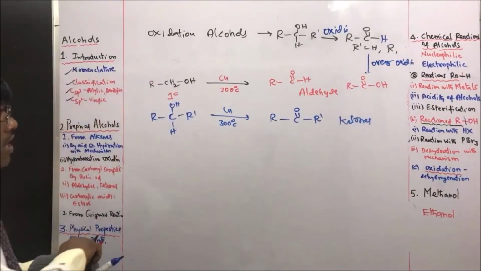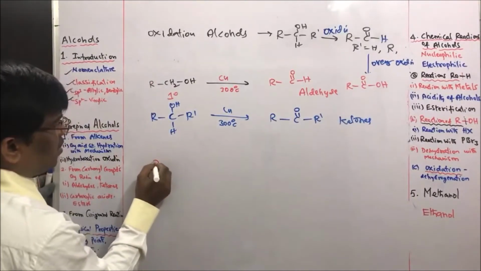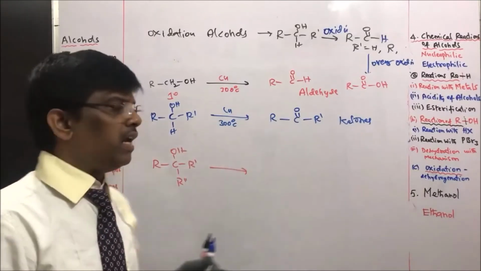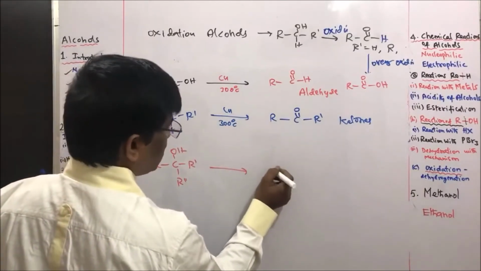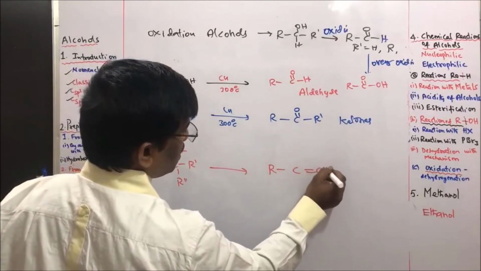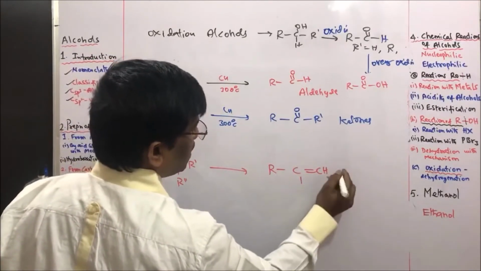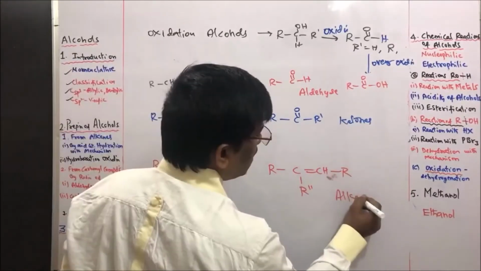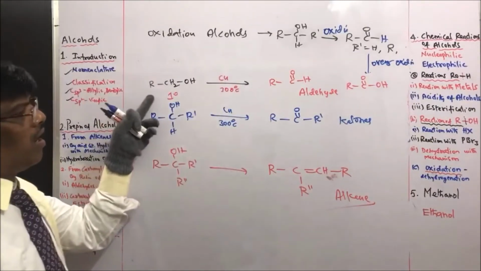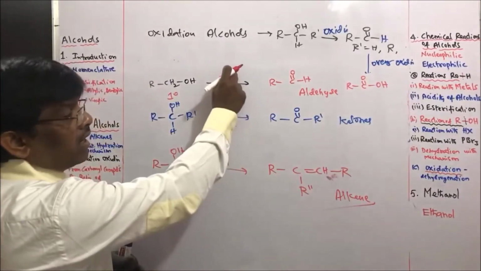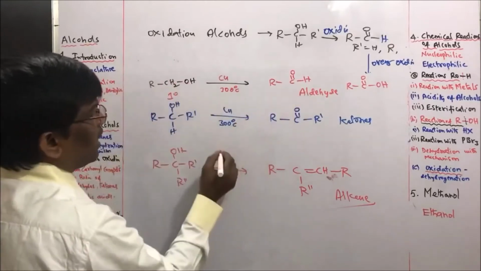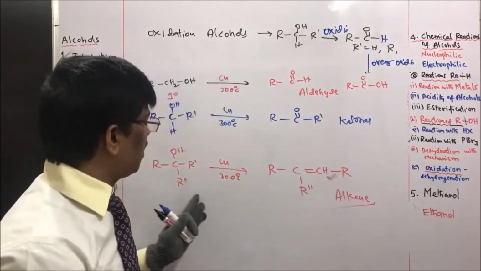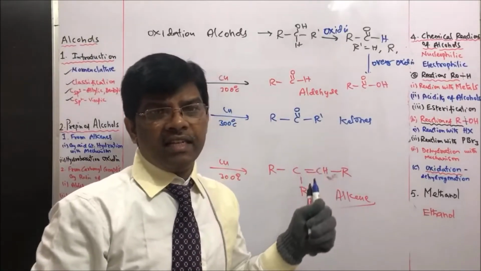However, under similar conditions, if I use tertiary alcohols, since they do not undergo oxidation, they undergo an elimination reaction to form an alkene. So primary alcohols passed over a red hot tube give aldehydes, secondary alcohols give ketones, and tertiary alcohols give alkenes.